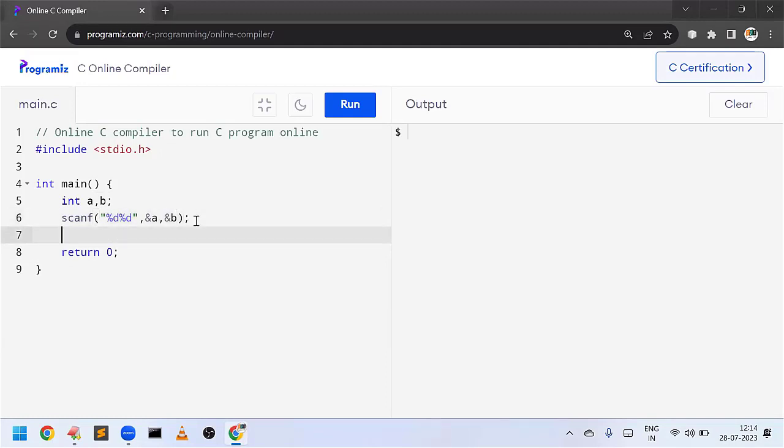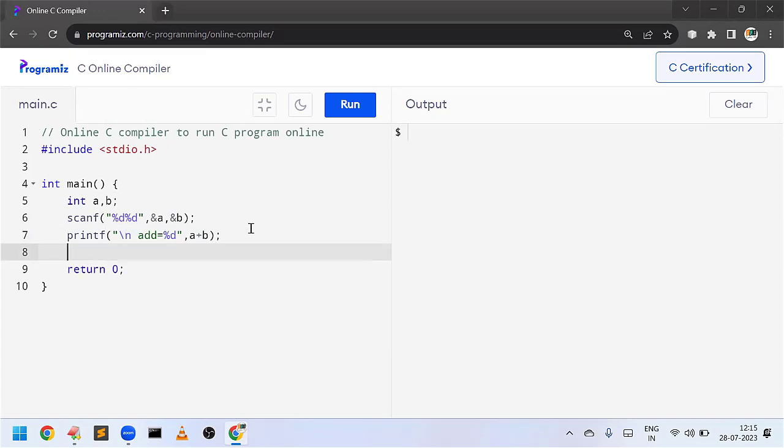The operations which we are going to perform are addition, subtraction, multiplication, division, and modulus division. For addition, we are going to use a plus b. And for subtraction, we are going to use a minus b.